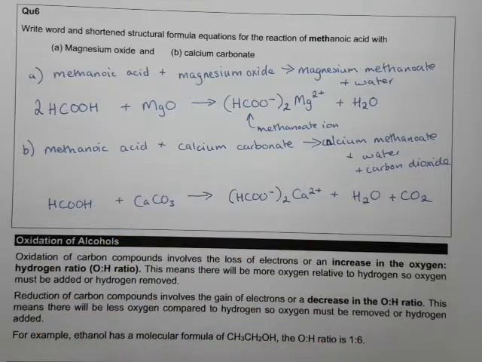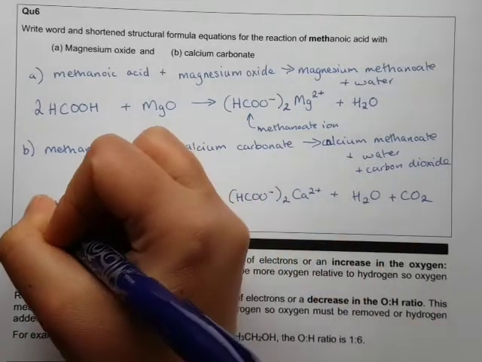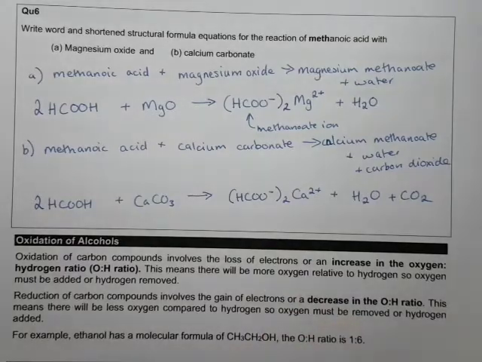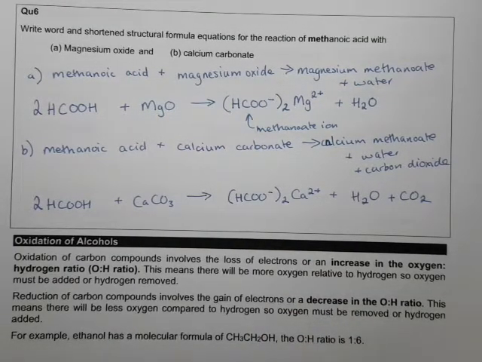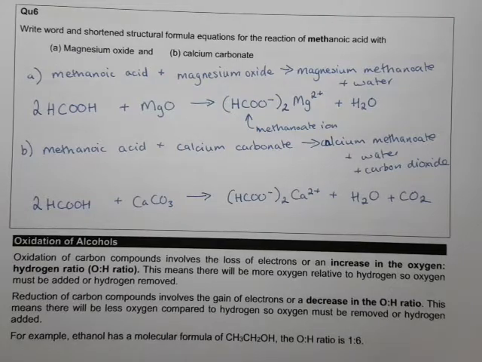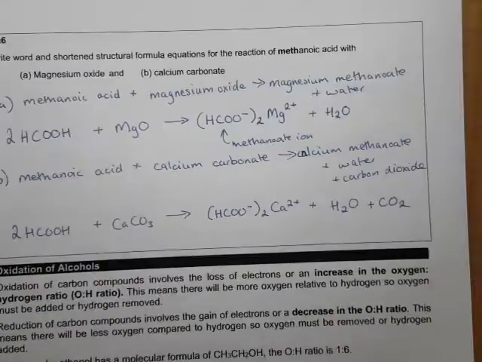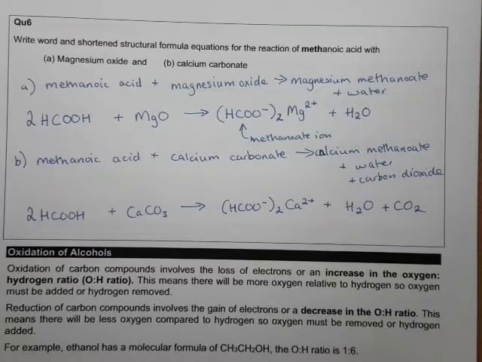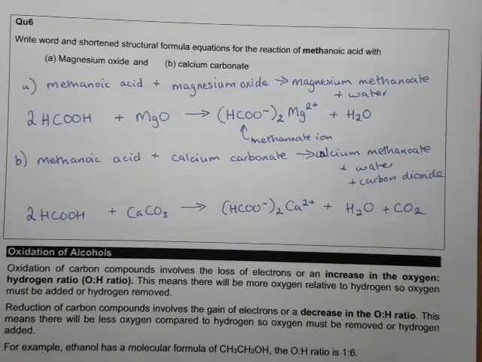And then again, just to balance it out, we'll put our 2 in front of our methanoic acid. So I did say you won't really be asked about this type of equation, but it is worth remembering this is going to come into play when we look at the structure of soaps later on in the topic.